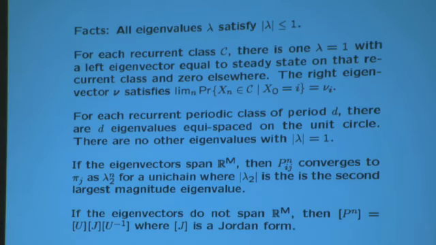So the facts here are that all eigenvalues lambda satisfy the magnitude of lambda less than or equal to 1. That's what I just argued.